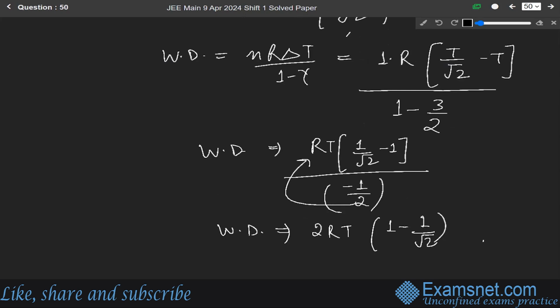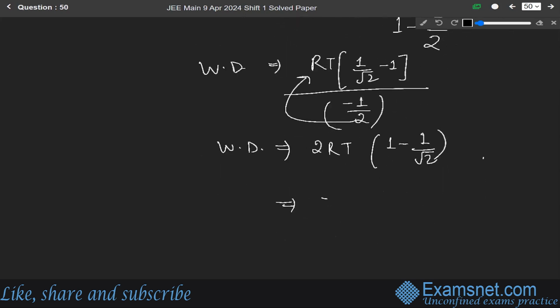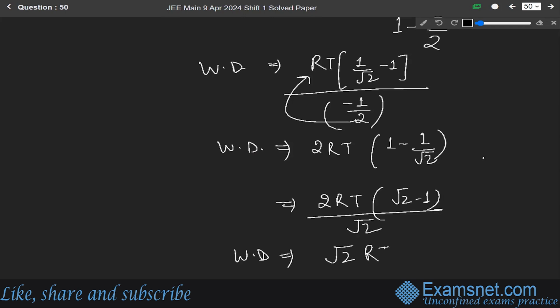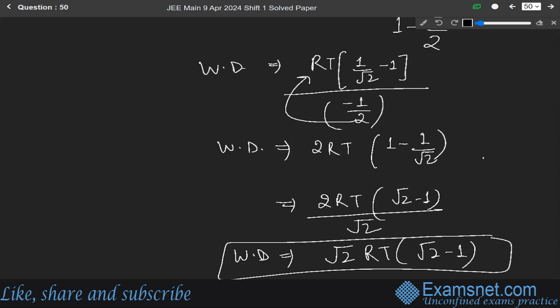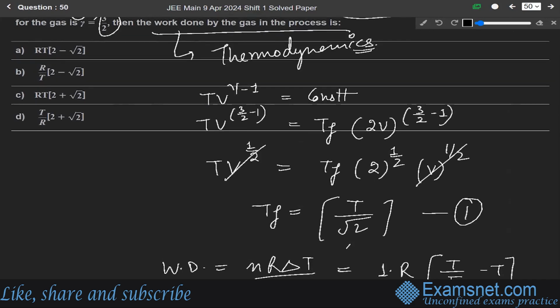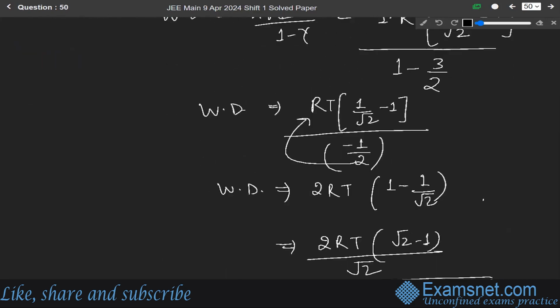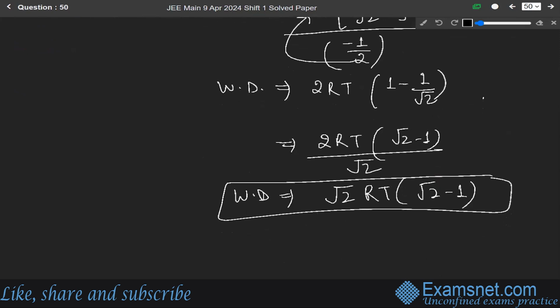Taking the LCM, we get 2RT (root 2 minus 1) over root 2. So work done will become root 2 RT (root 2 minus 1). This is our final answer.